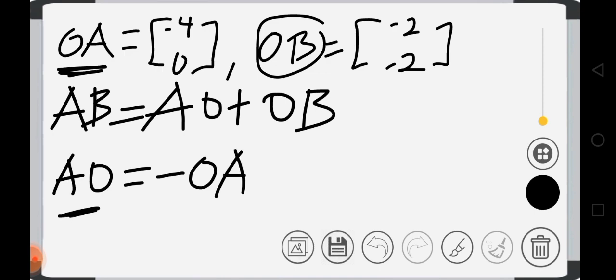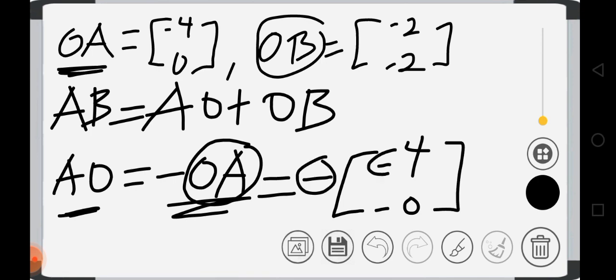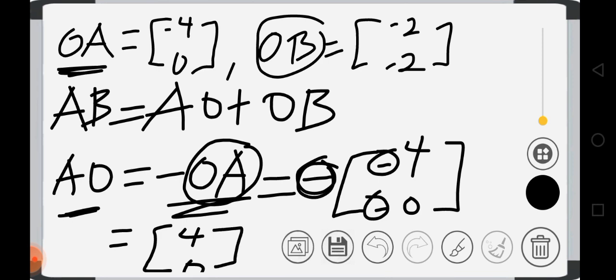From the rules of vectors, if this one is a vector, it is equal to this. So I'm going to have minus OA. What is OA? OA is minus 4, 0. So minus times minus will give us plus 4. Minus times minus will give us plus 0, and minus 0 is the same thing.